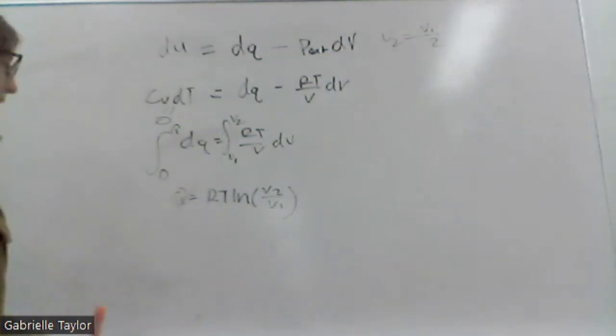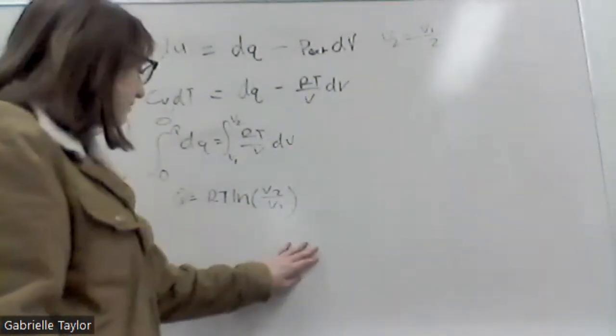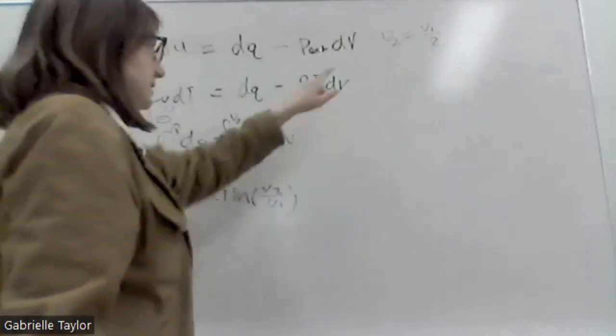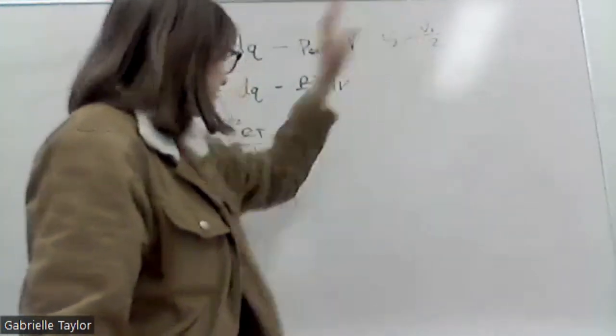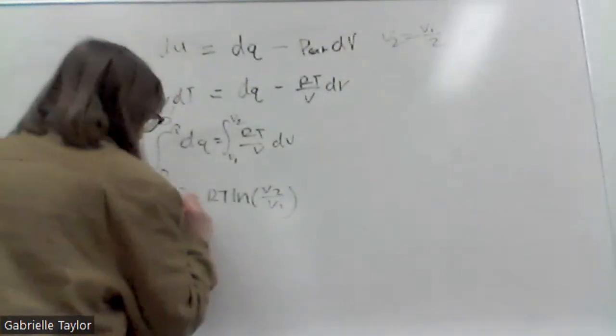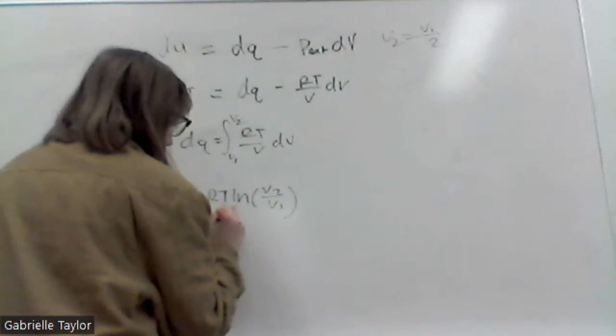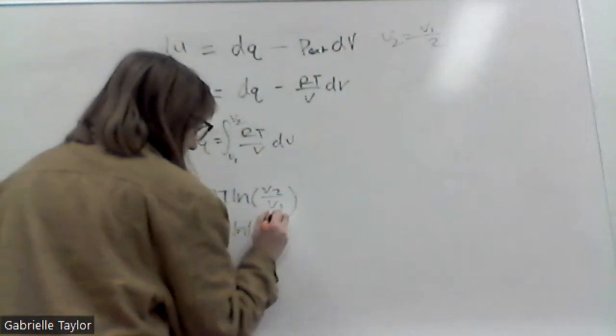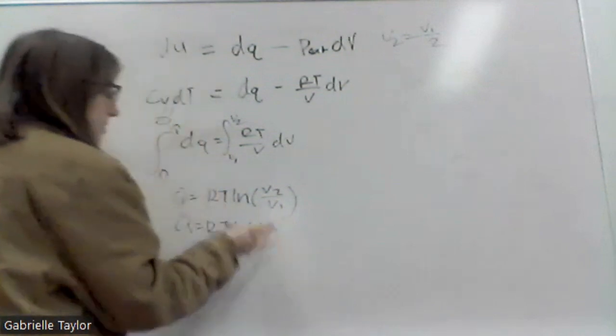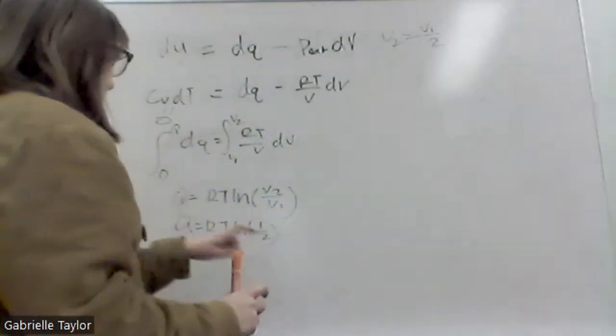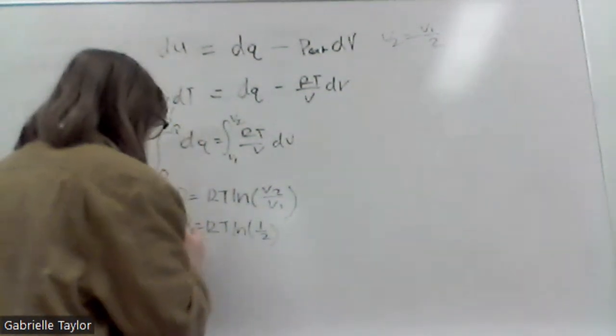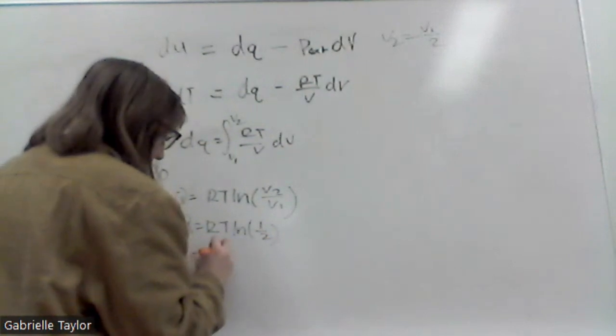Or V2 over V1. Okay, so after we do this integration, we know that this is going to be 1/2. So we can plug this in, so it's going to be Q equals RT ln of 1/2. And then we know we can flip it so that this becomes 2, and when that happens, that can be just a negative number.